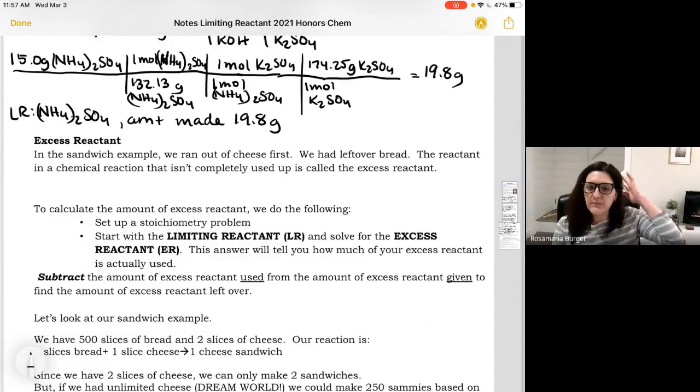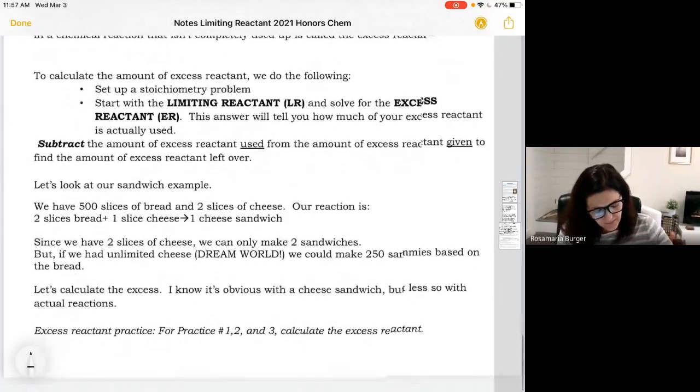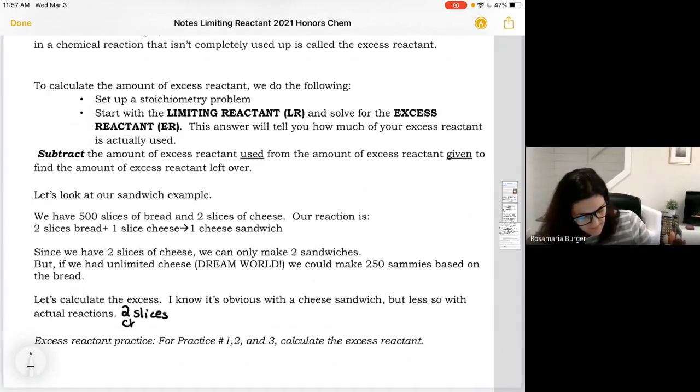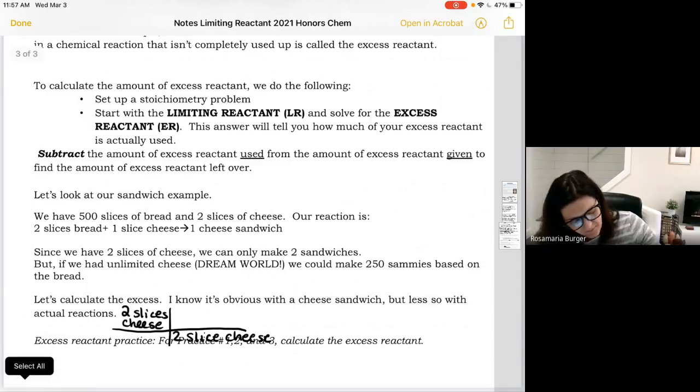So let's look at our example. Okay, so we have 500 slices of bread. So let's say we know that we have 2 slices of cheese, and that's our limiting reactant. Well, I know for my sandwiches, it takes 2 slices of cheese. No, it doesn't. It takes 1 slice of cheese, Mrs. Berger. Get it together.